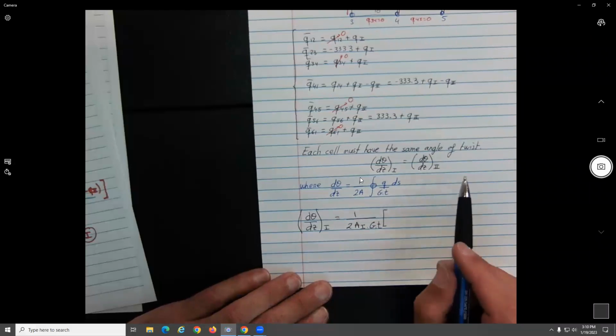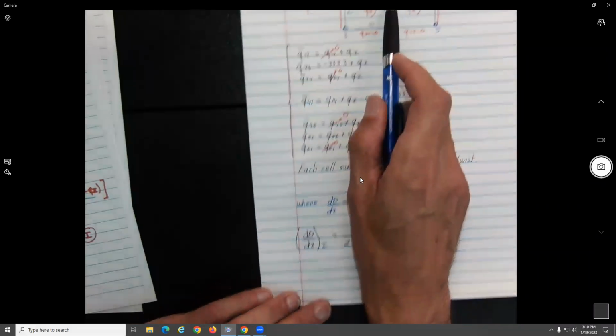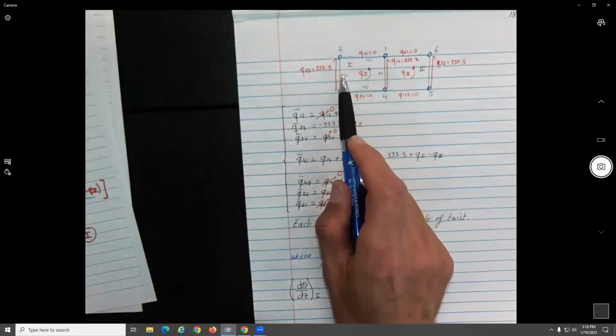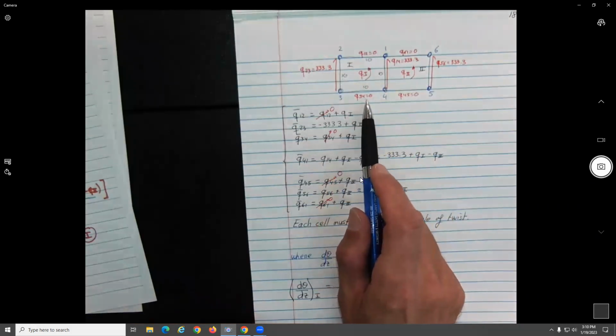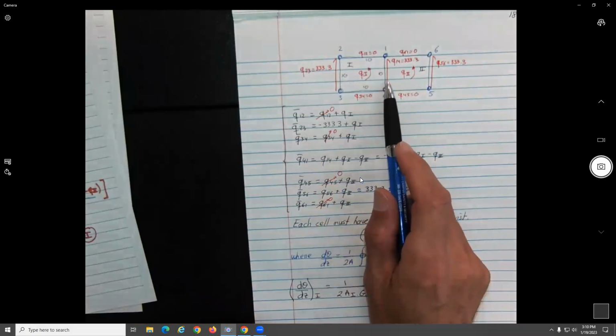And what I need to do now is what? Q bar 1,2, Q bar 2,3, Q bar 3,4, Q bar 4,1, no?